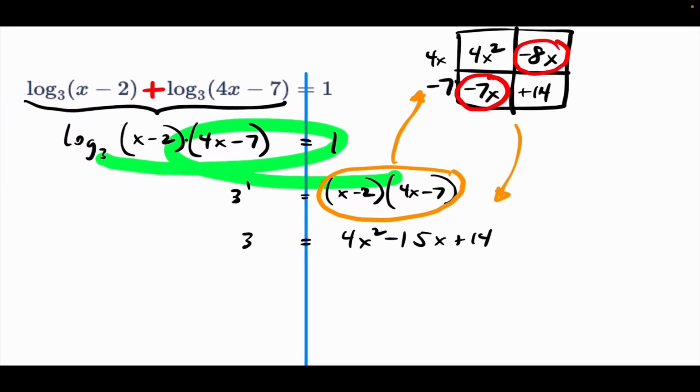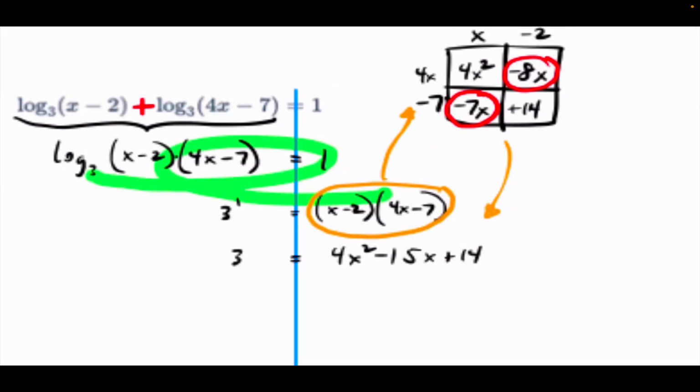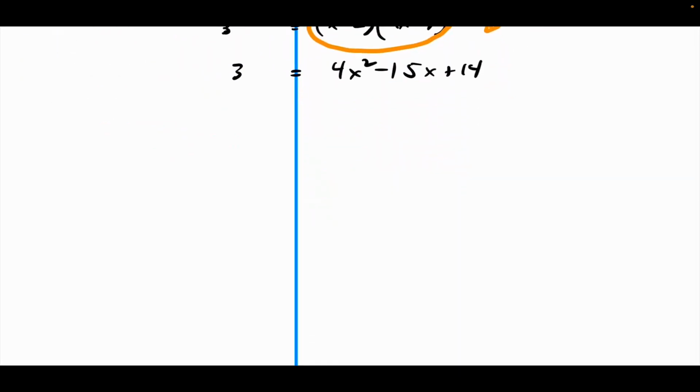Okay. It's going to get 2 answers again, squared, so set it equal to 0 like we did last one. Subtract 3 from both sides.